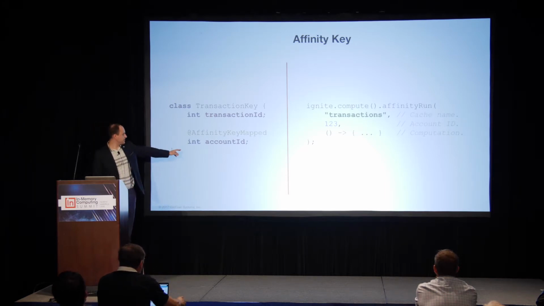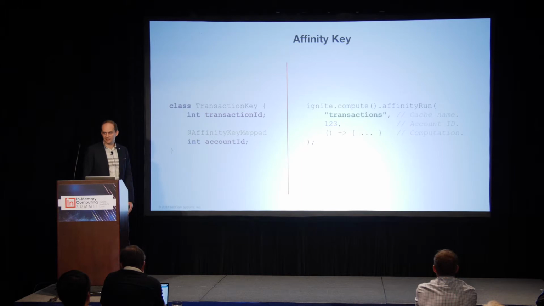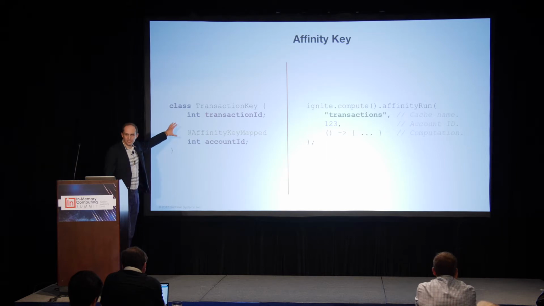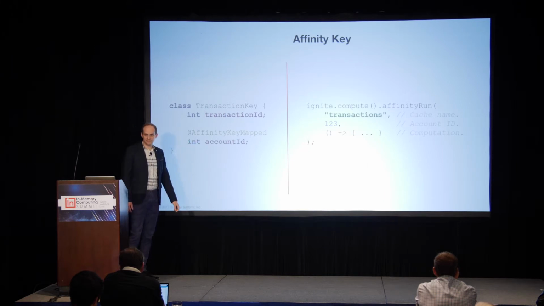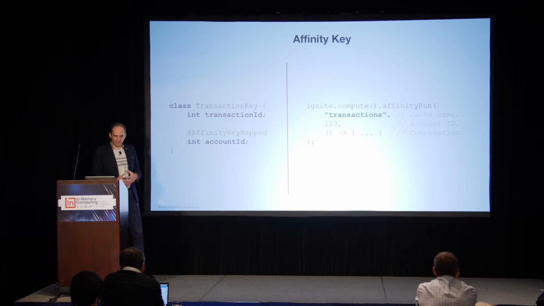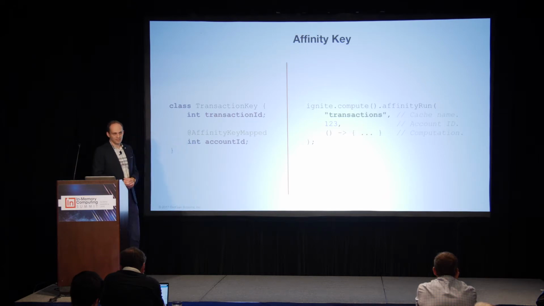The account ID field is marked by the special affinity key mapped annotation, which instructs Ignite to use this field as affinity key. So every time you save something or do any operation, providing an instance of this transaction key class, the mapping is going to happen not based on transaction ID, but based on the account ID. So obviously, all transactions that have the same account ID would end up on the same node. And that's what we're looking for.